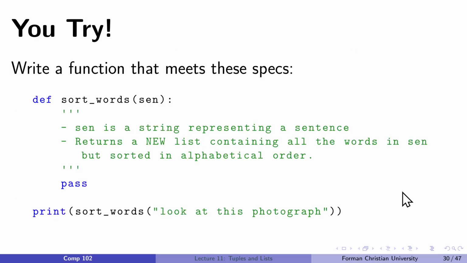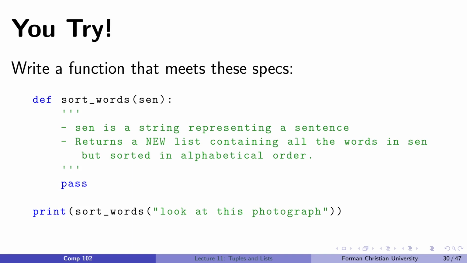Now let's combine what you have learned. The sort_words function takes a sentence and returns a new list of words that are sorted alphabetically.